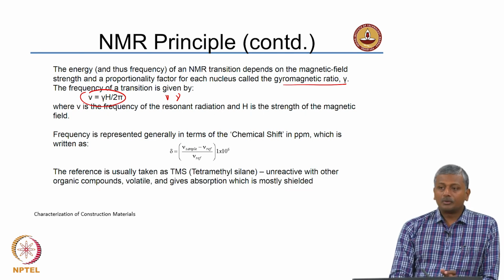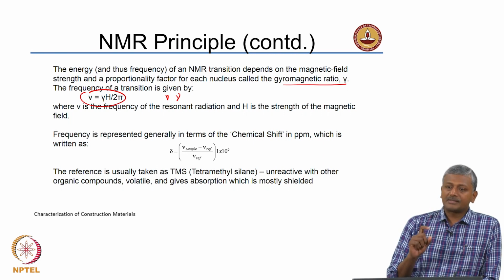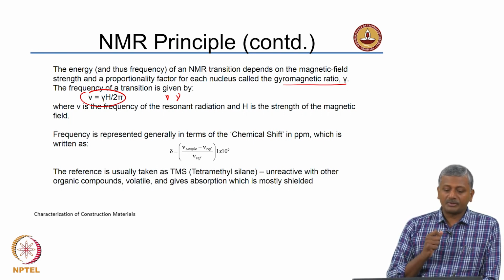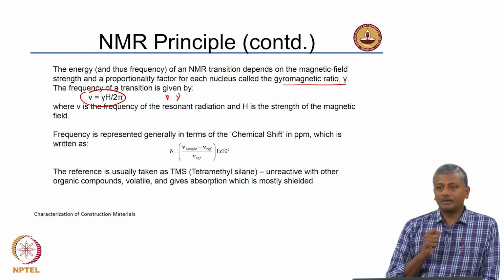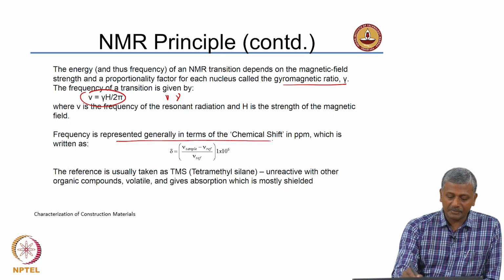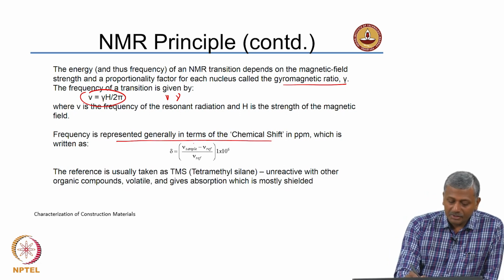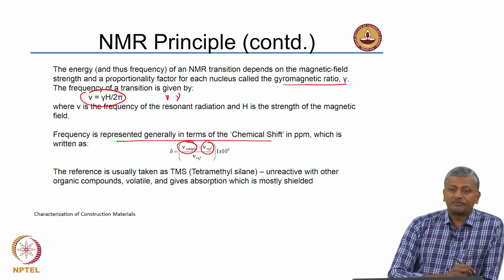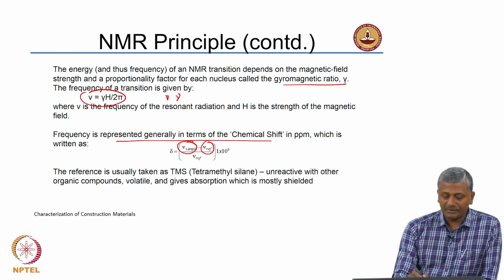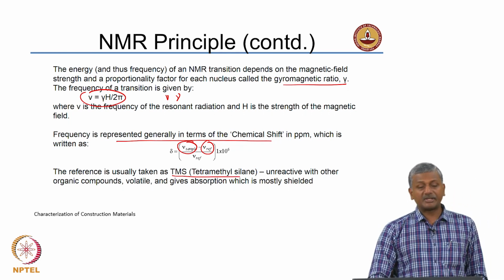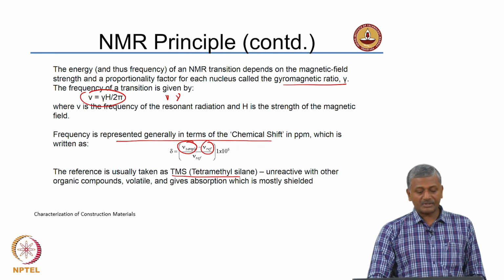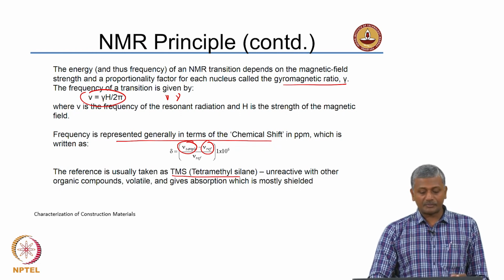Okay. Now, what happens is, as a result of the absorption or emission of the radiation, right, your frequency can undergo a shift. So, frequency is generally represented in terms of chemical shift, which is given as the frequency of the sample expressed as a difference with the frequency of a reference, and the reference typically is taken as tetramethyl silane, or TMS, which is unreactive with other organic compounds and gives absorption which is mostly shielded.